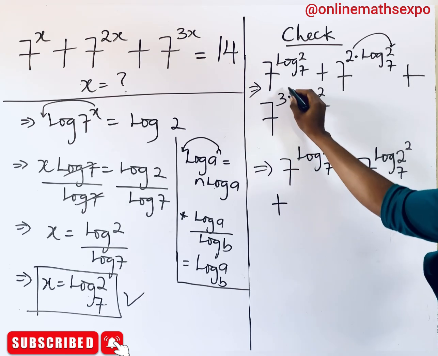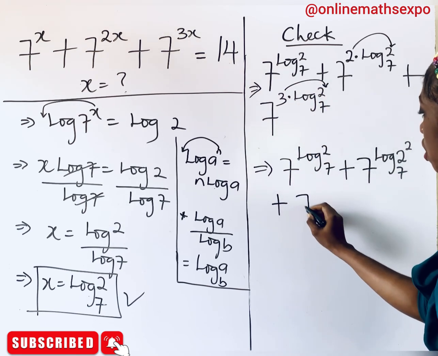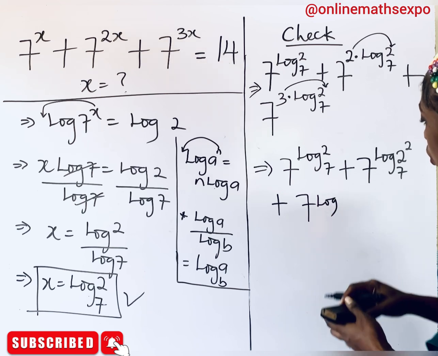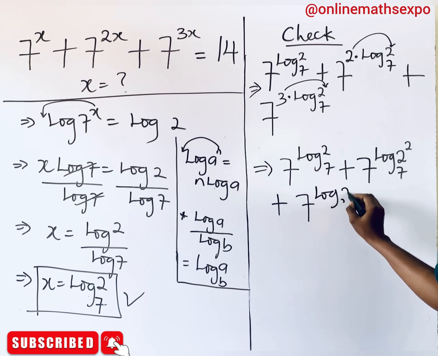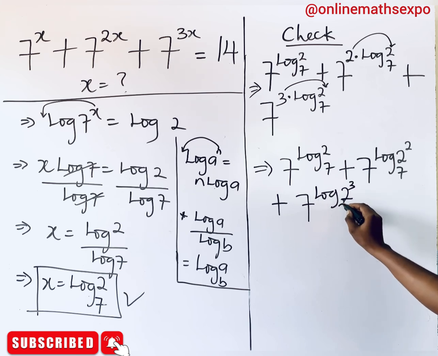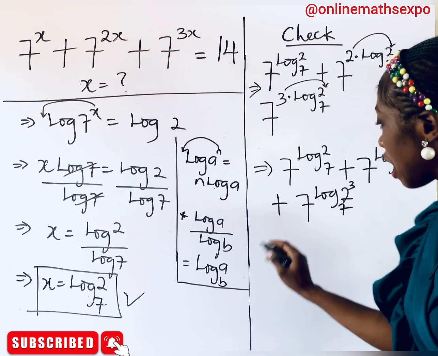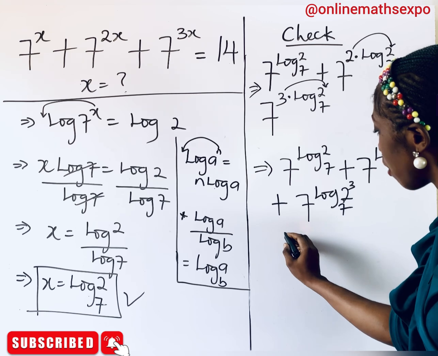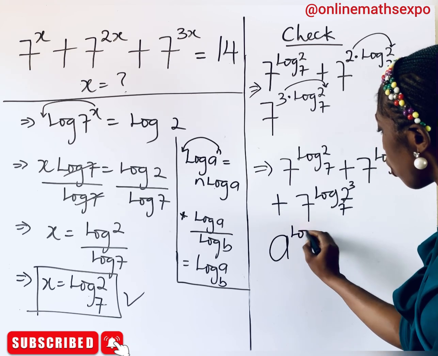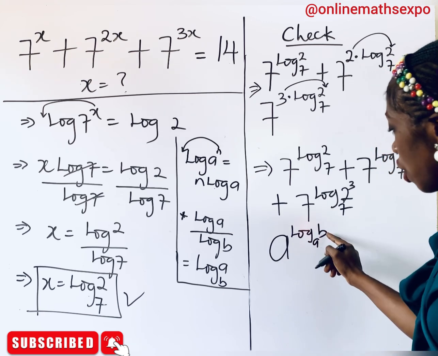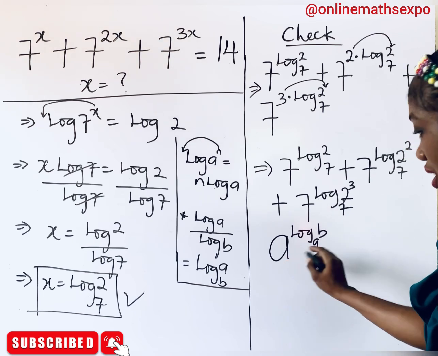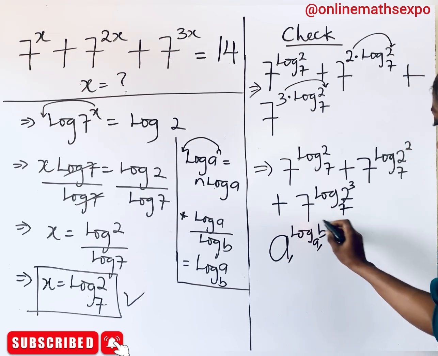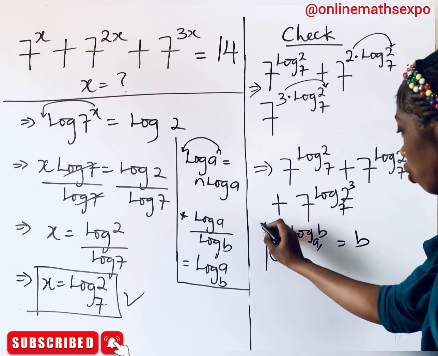Then plus, this will be returned to give us 7 to the power of log of 2 cubed base 7. Then remember there is this rule which says if you have a to the power of log b base a, where the base of the log and this base are the same, your answer should be equal to b, the anti-logarithm rule.